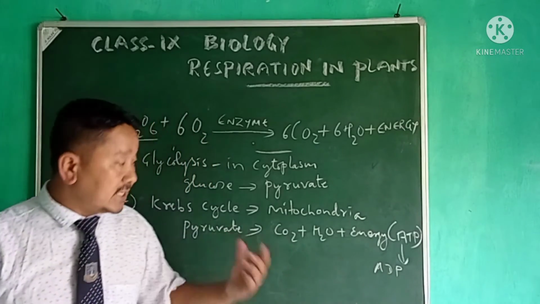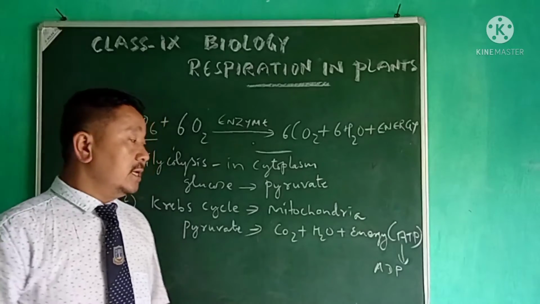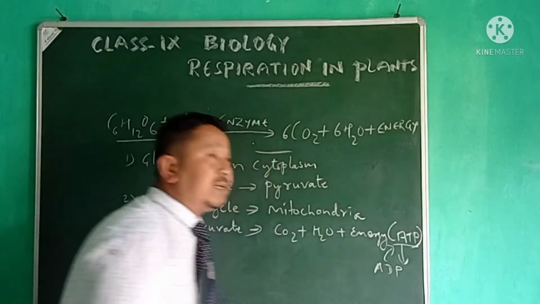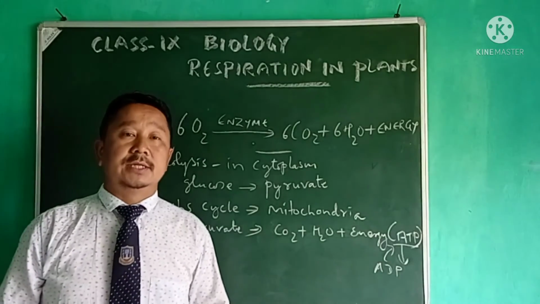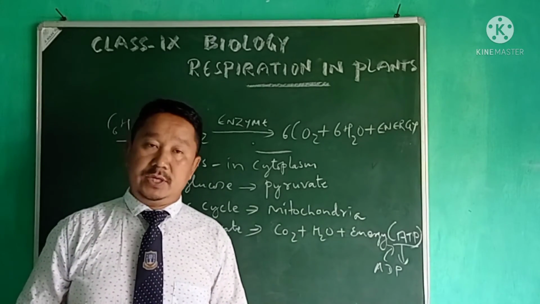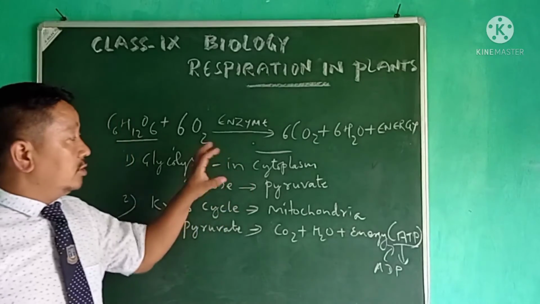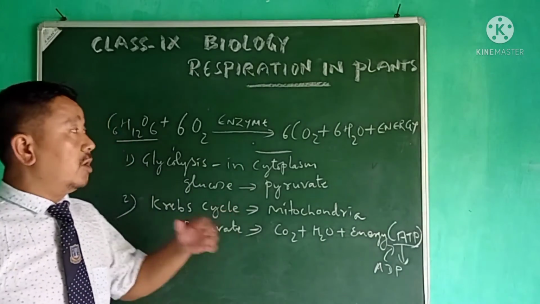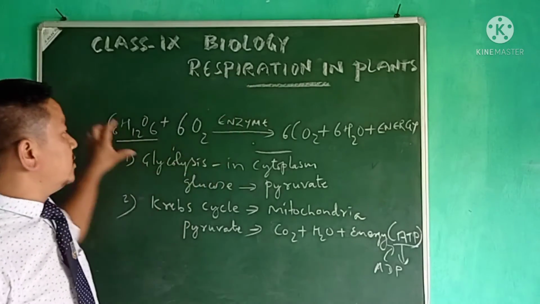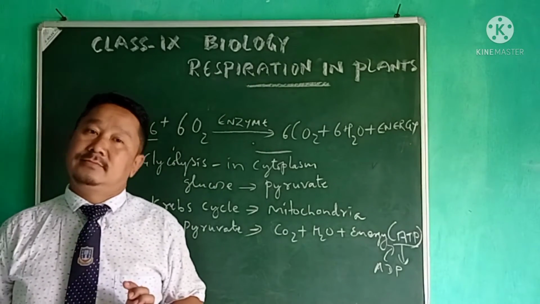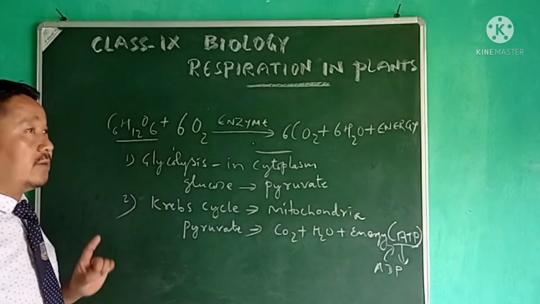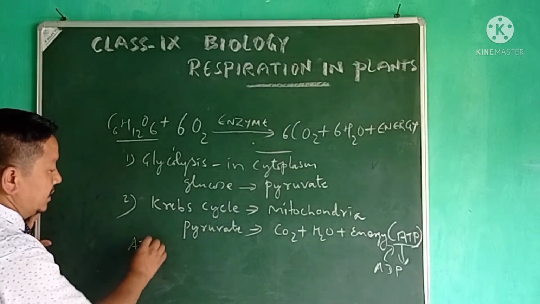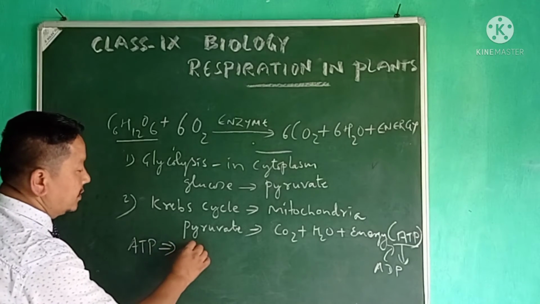And when there is excess ADP, then this ADP will be reconverted back to ATP and stored in different parts of the body. So this is how you find the information about respiration from this equation. The other thing that you have to understand, as given in the book, is that ATP is called energy currency.